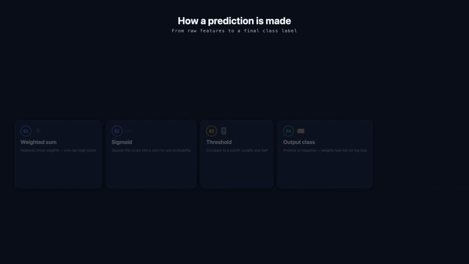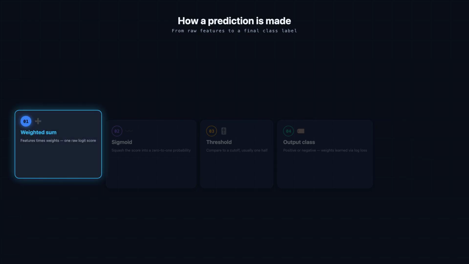So how does a single prediction actually get made? Walk the path from raw features all the way to a final label. Start by taking the weighted sum of the features, exactly like linear regression. Each input times its own weight, all added together with an intercept. That gives you one raw score, sometimes called the logit, which can land anywhere on the number line.